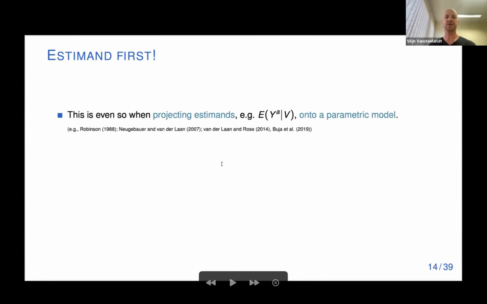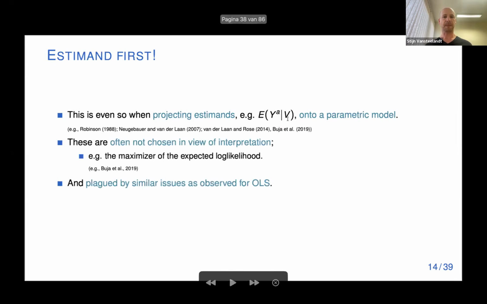Now, more recently, there's quite some literature on so-called projection estimands, where, for instance, the mean of a counterfactual Y^a given covariate data V is projected onto a regression model as a way of drawing nonparametric inference, even in this model-based context.